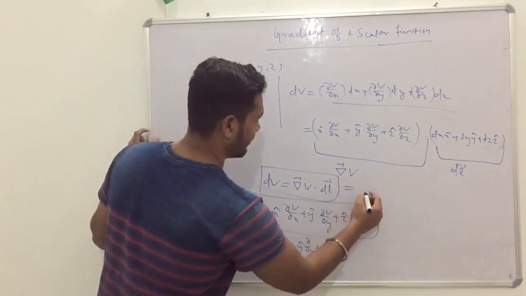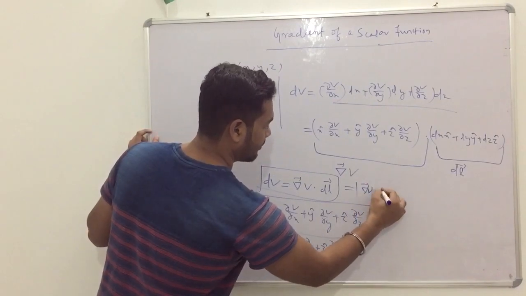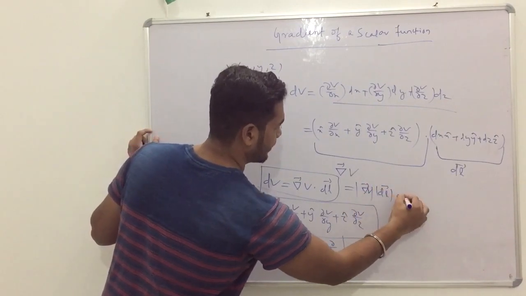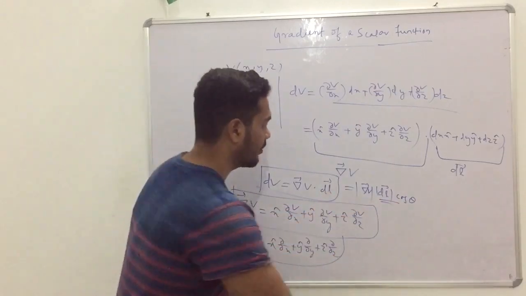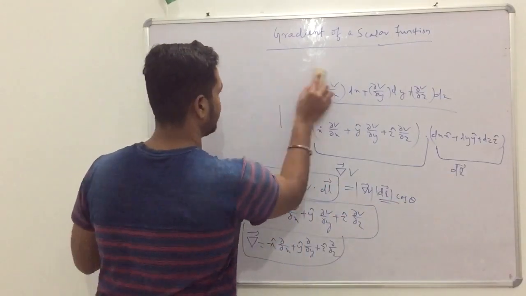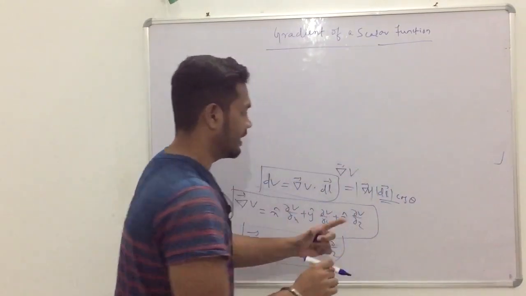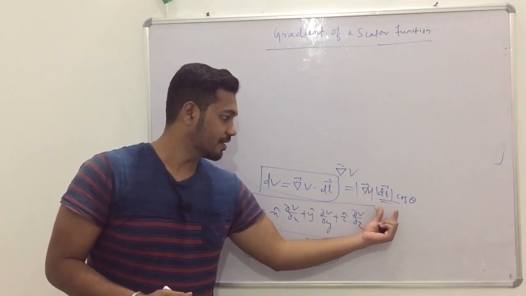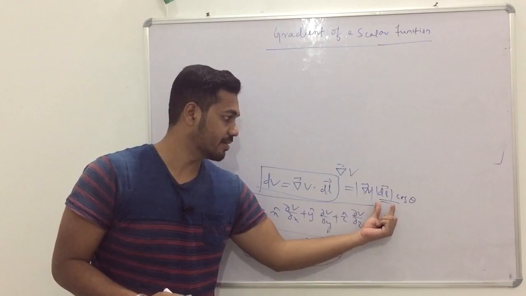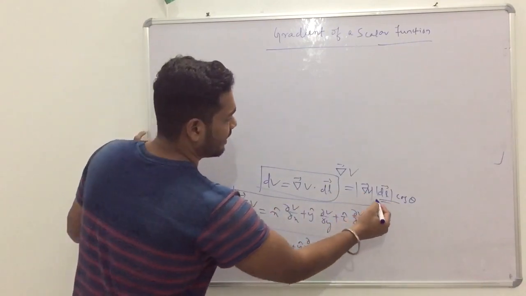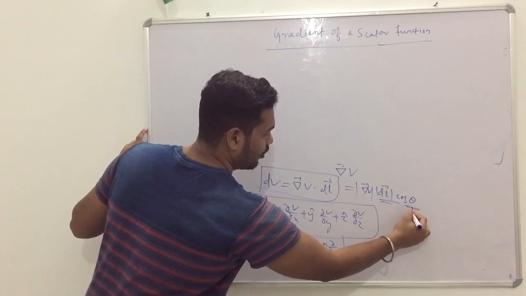You can write this as modulus of grad v times modulus of dl times cos theta. So from this you can say, if you fix the magnitude of the infinitesimally small displacement dl, then you can search around the direction by changing the value of theta.